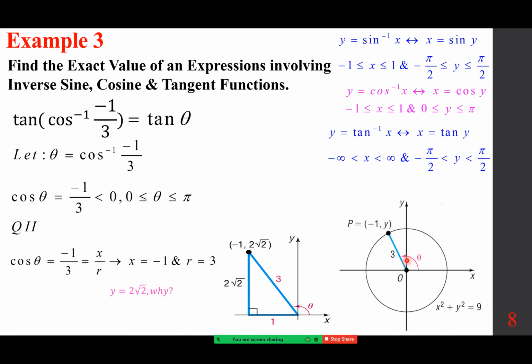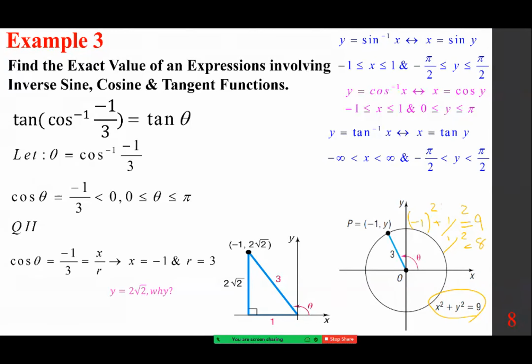And when we write down, if we write x squared plus y squared equals r squared, which is 9, y squared becomes 8, and y becomes square root of 8, which is 2 square root of 2.